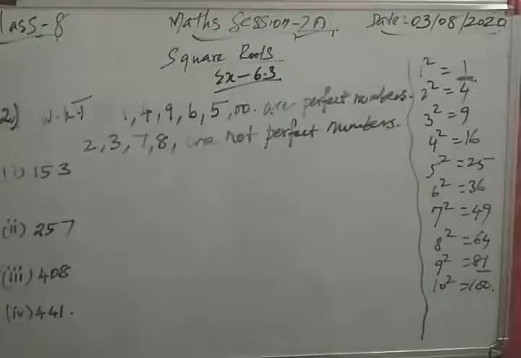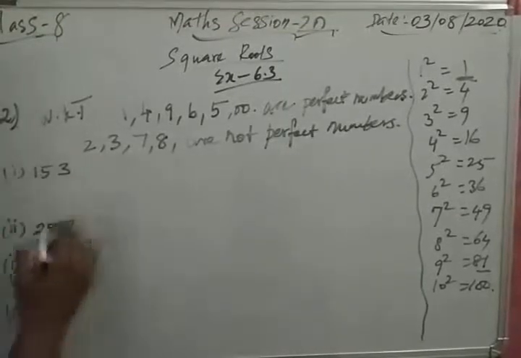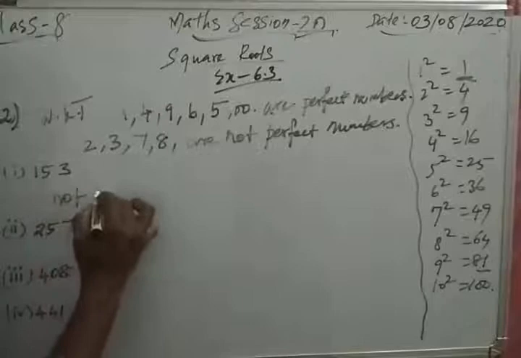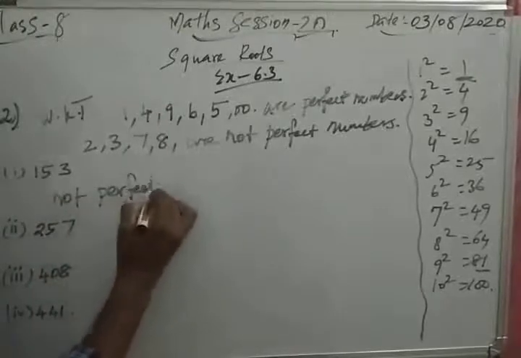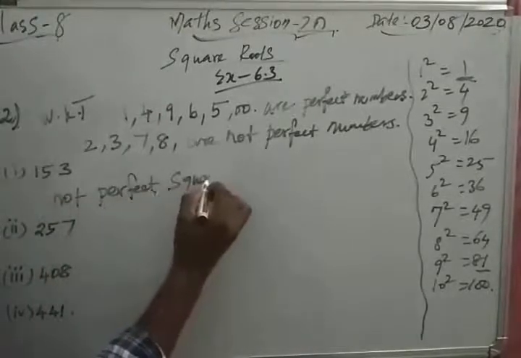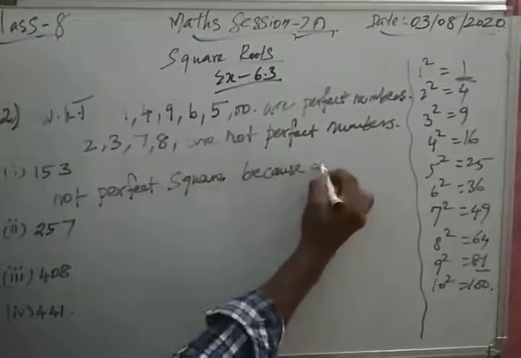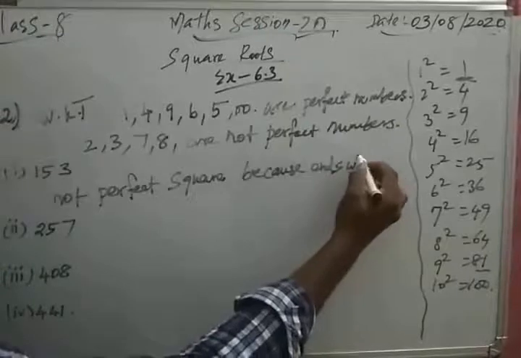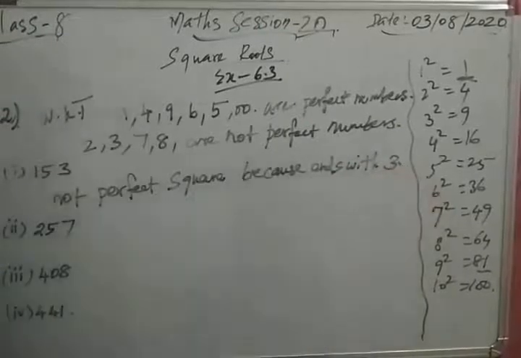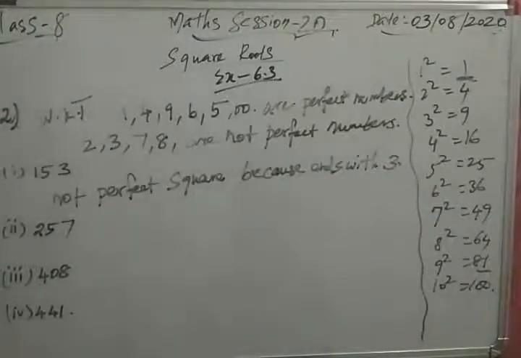So here, the number ending with 3 is not a perfect square because it ends with 3. Next one, 7.